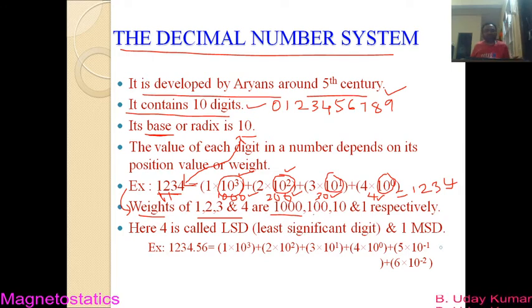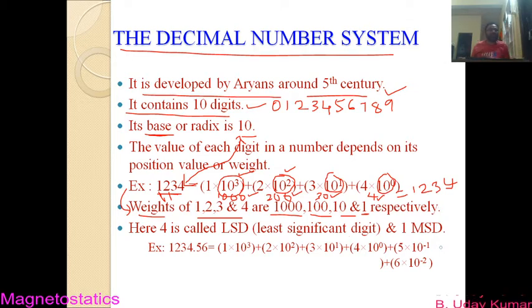The weight of 2 is 200, and 30 means 3 into 10, so 10 is the weight of 3, and 4 has a weight of 1, which can also be written as 10 power 0. This is how the digits in a decimal number will have different values based on their position.